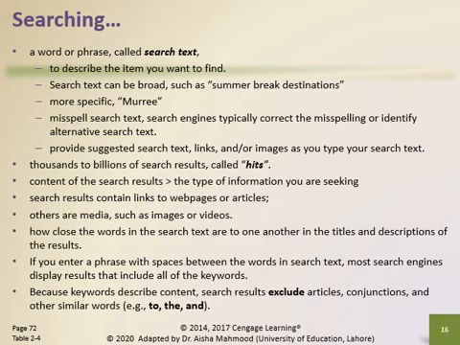If you enter a phrase with spaces between the words in search text, most search engines display results that include all the keywords. Because keywords describe content, search results exclude articles, conjunctions, and other similar words, for example, to, the, and.